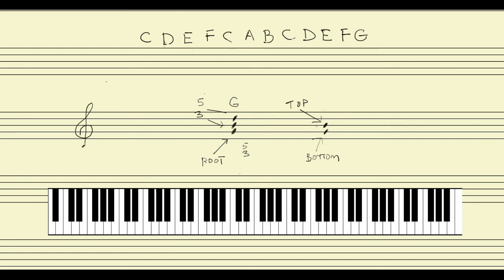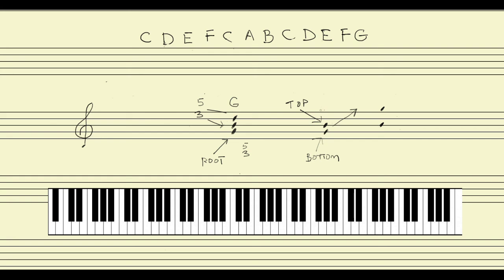But we can also flip the order and still retain something important about that sound, meaning rather than having the G on the bottom and the B on the top, we can flip these, and we can put the G up here, flip the positions of the notes and have the G on the top and the B on the bottom. So here's the first one.